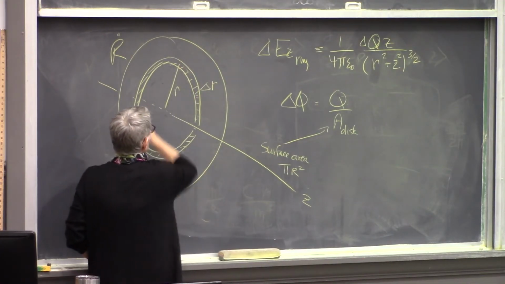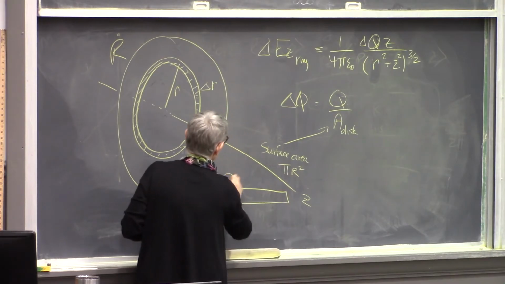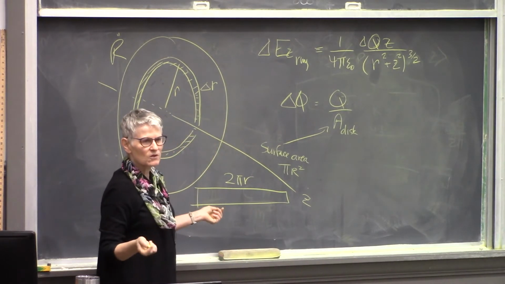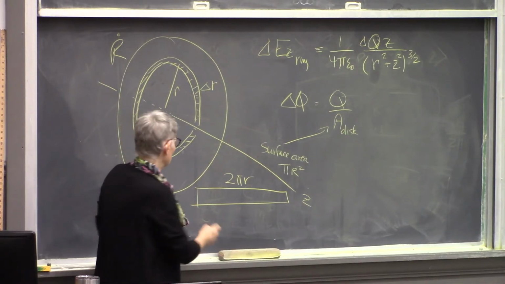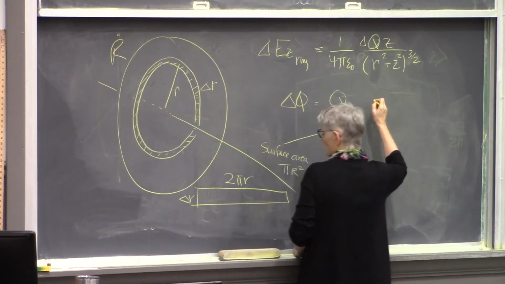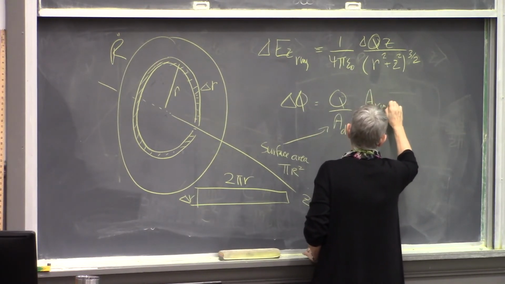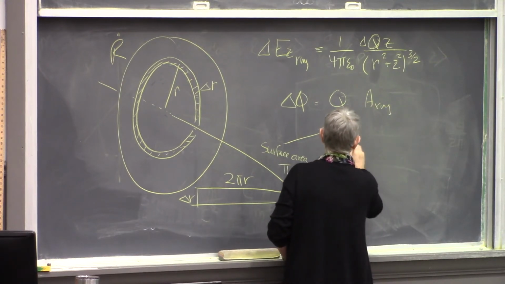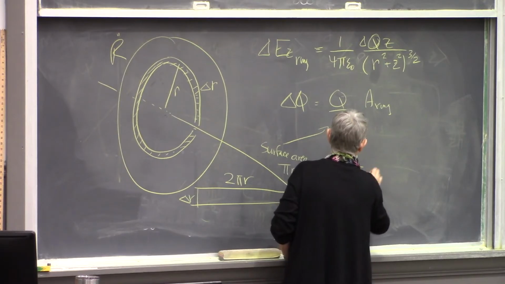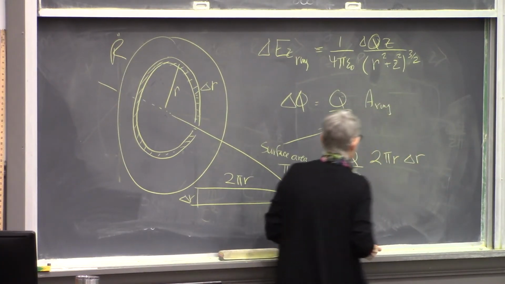If we stretch this out so it looks like a rectangle, its length is 2 pi r, and its width is our delta r, right? So here's our integration variable coming out. So we have the area of the ring. In this case, it's q over pi R squared times 2 pi little r delta r.